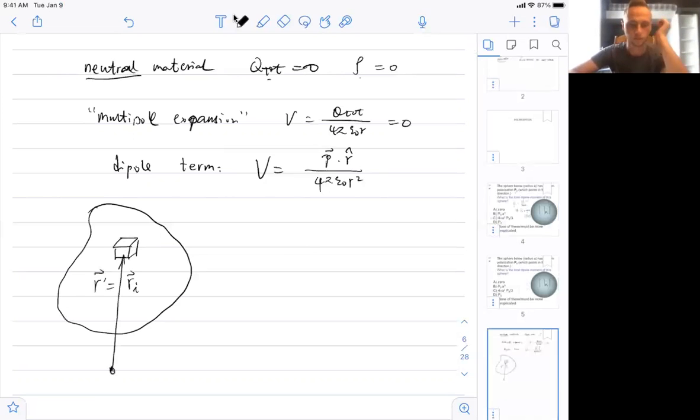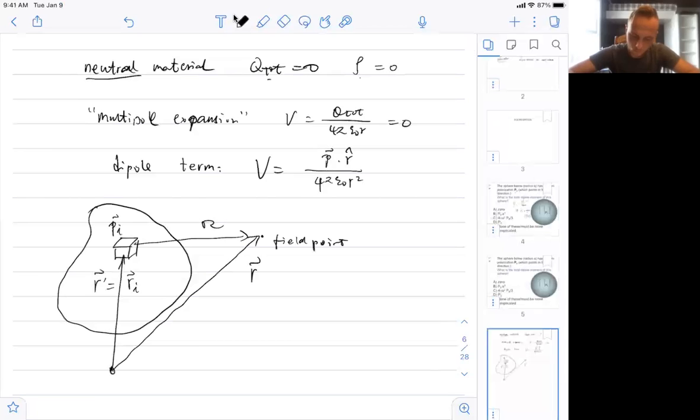This little chunk has a dipole moment, p_i. And you're interested in evaluating the potential at this point in the field. Curly r points from your source to your field point.